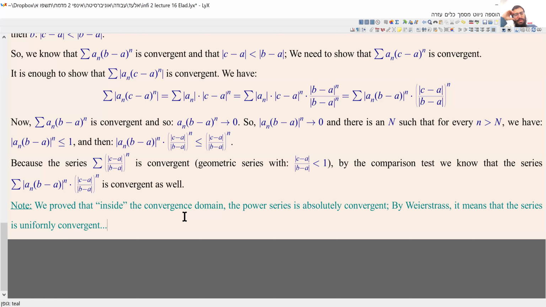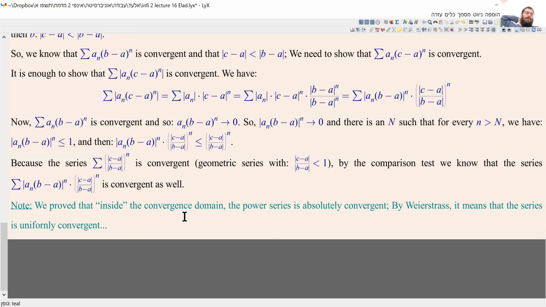Uniform convergence is what we defined in the previous lectures. The series converges to a single function, but moreover, the convergence is all around. We draw this epsilon strip or something like that. It is the same all over the segment, meaning that what we defined as d_n, the supremum of the difference between f_n and f, goes to zero.